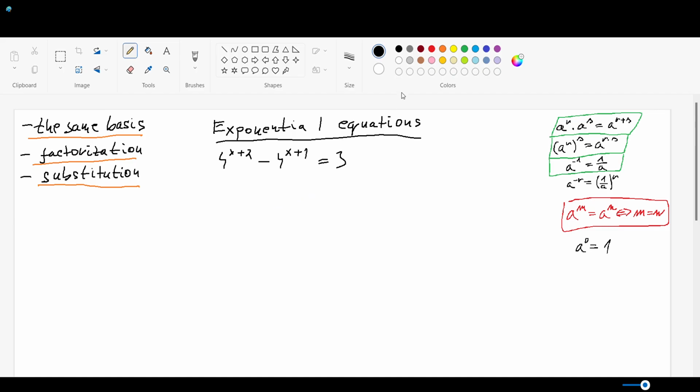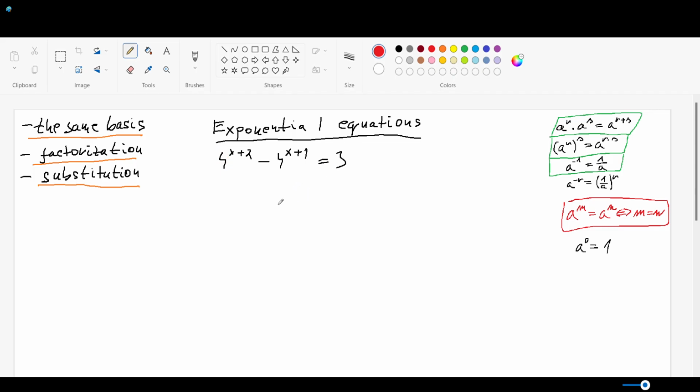Now, as you can see, the difference between the previous equation and this one is that we have here some kind of base 4, but here is number 3, which has nothing to do at first look with number 4, but this is how it goes with mathematics and as well in life, I guess.